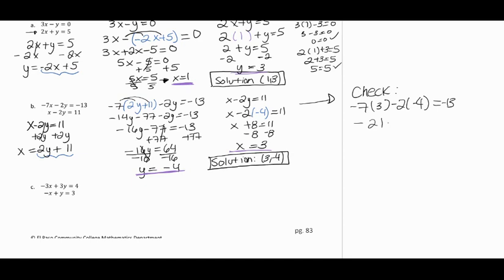Negative 2 times negative 4 is positive 8 equals negative 13. Negative 21 plus 8 is negative 13, equals negative 13. Yes. Now for the second one, we have x minus 2y equals 11. So we have 3 minus 2 times negative 4 equals 11. Negative 2 times negative 4 is positive 8. 3 plus 8 is 11. 11 equals 11. Yes.